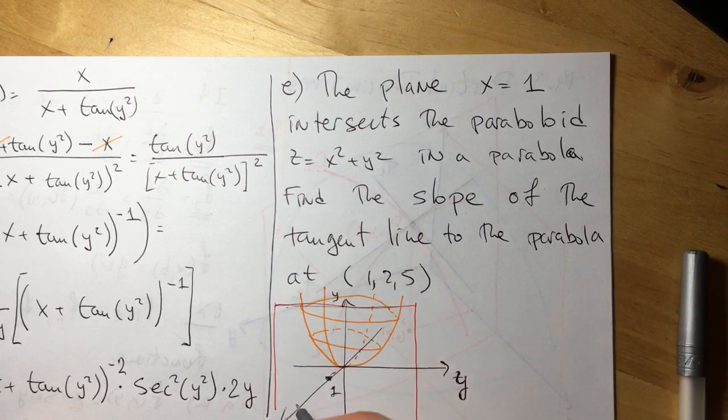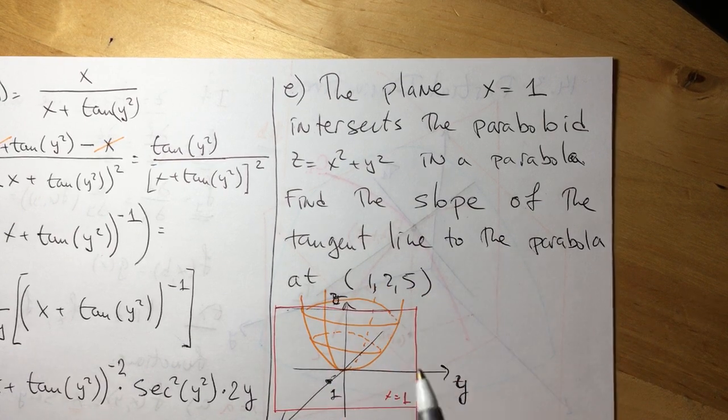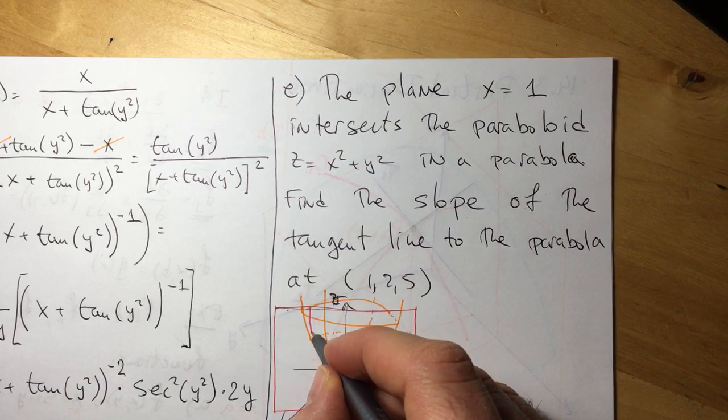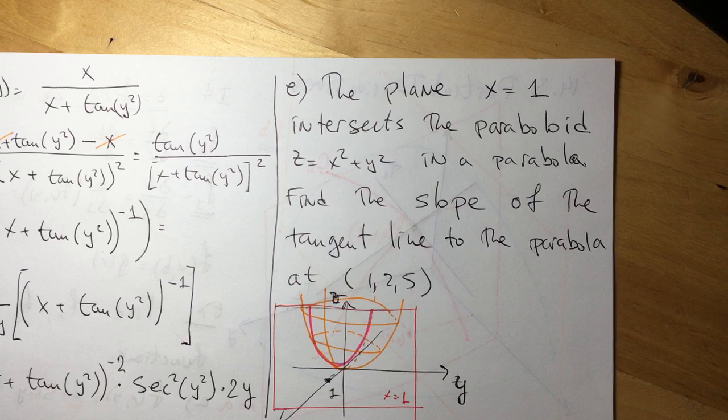This plane is parallel to the yz plane, and it intersects the paraboloid in this parabola.